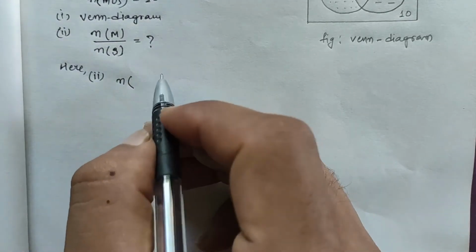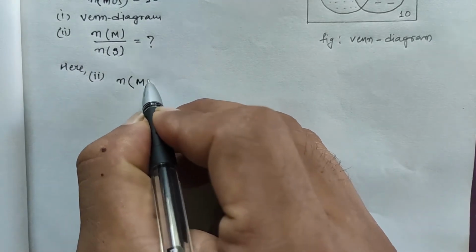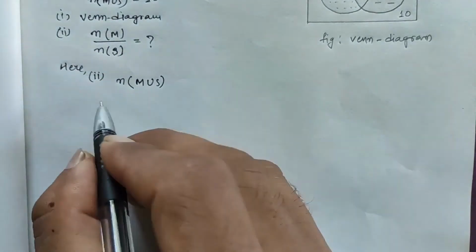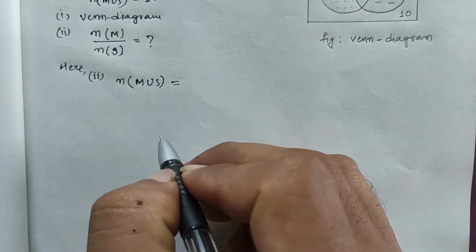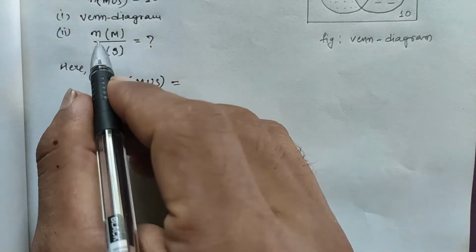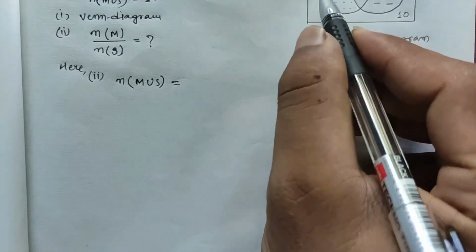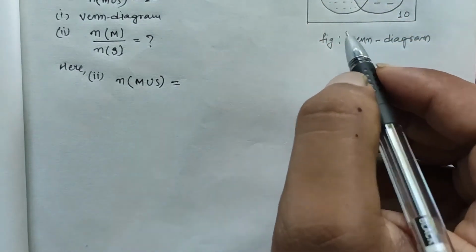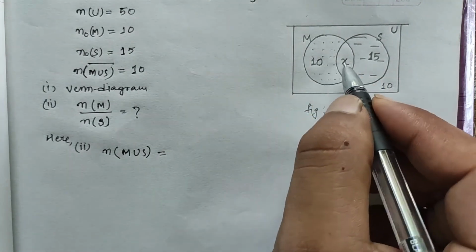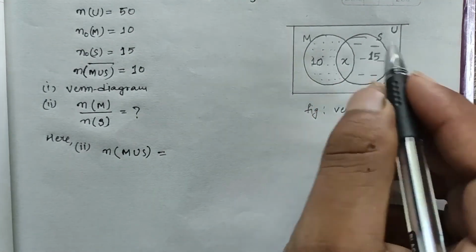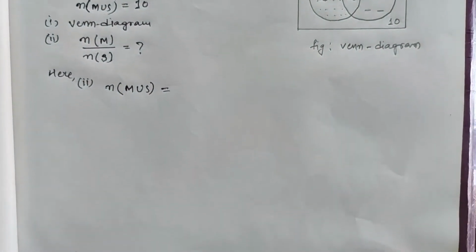In most of the cases you have to find the union, isn't it? Because the complement is given, we can find the union. And if we find the union, we can get the intersection. If we get the intersection part X, we can add X and 10 to get the M part and S part. So to find the intersection we have to find the union first.